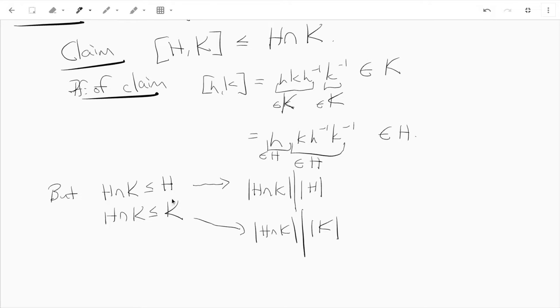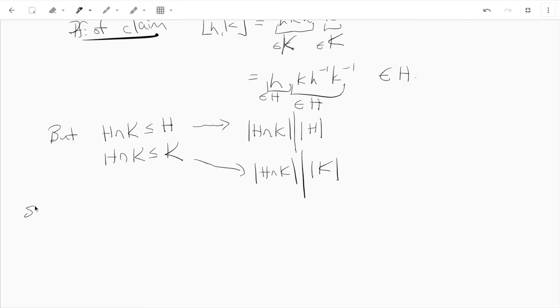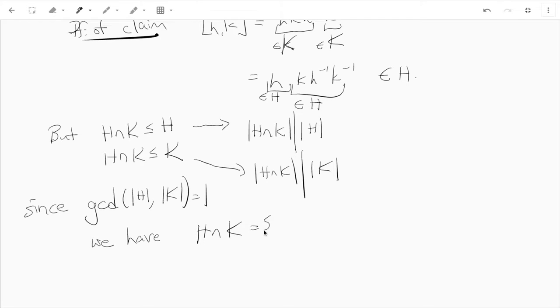A positive number that divides 1 has to be equal to 1. Since their orders have no common factor, we have that H intersect K has one element. In other words, it's trivial.